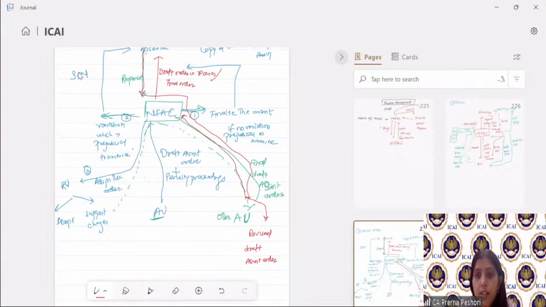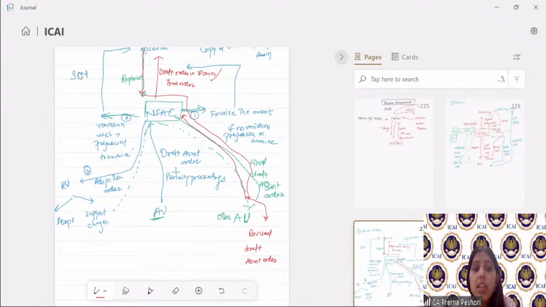So all this is going to be electronic. You have to furnish all these replies also electronically through your income tax portal. There is not going to be any personal appearance.